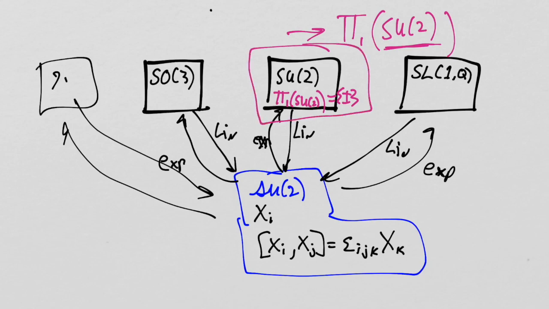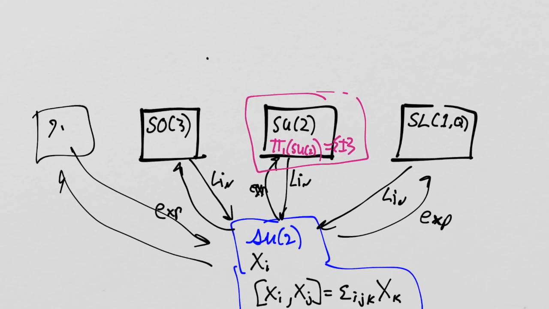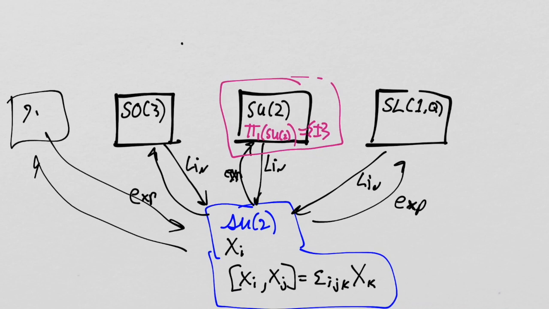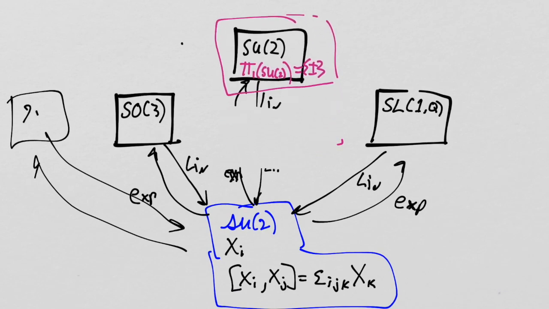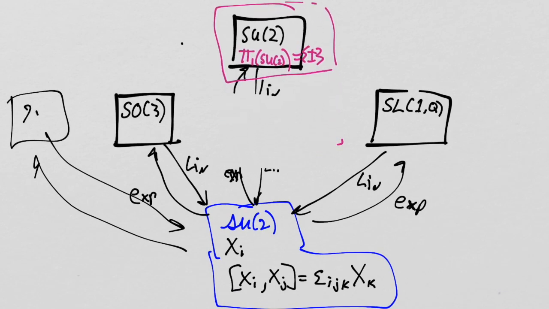So let me just erase this. And this being our simply connected group, that gets elevated, and that is our universal covering group. Let me clean the rest of this stuff up here.